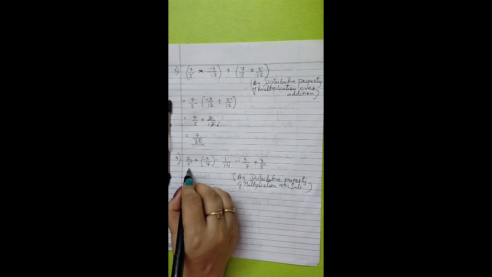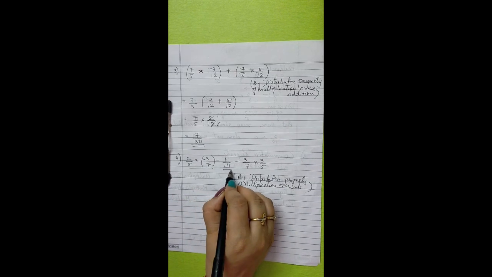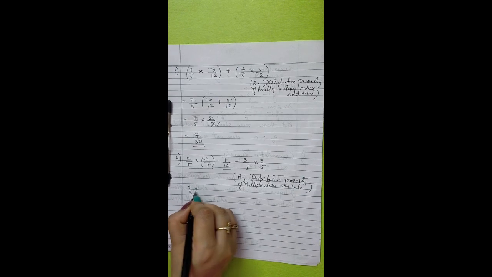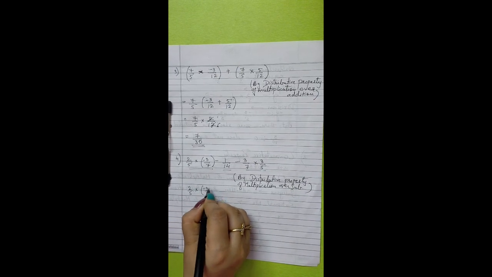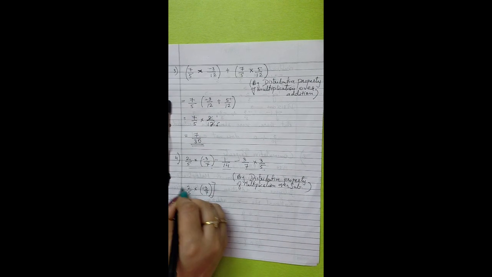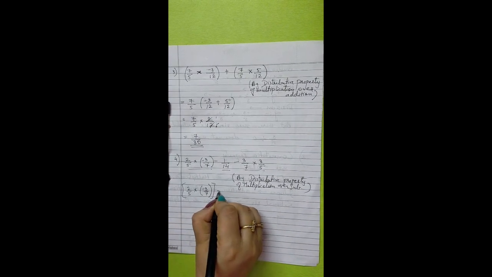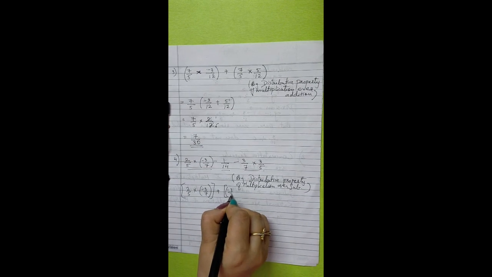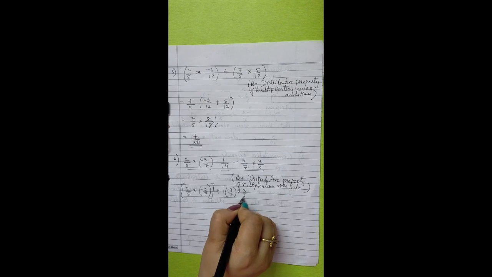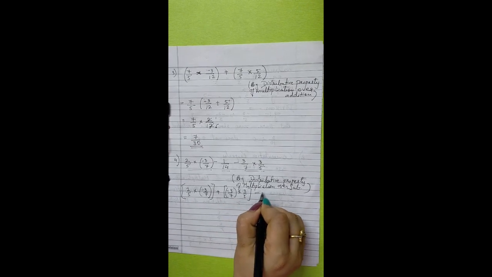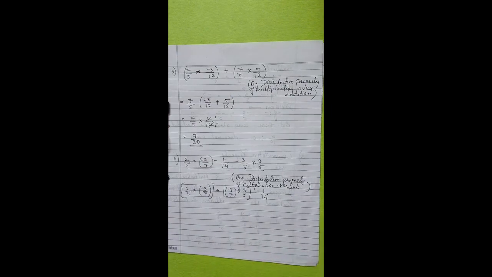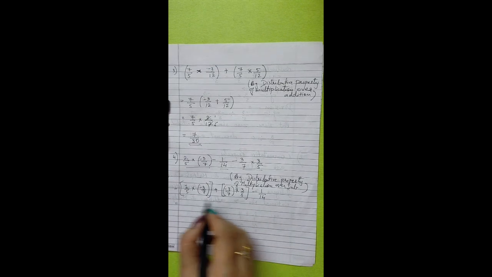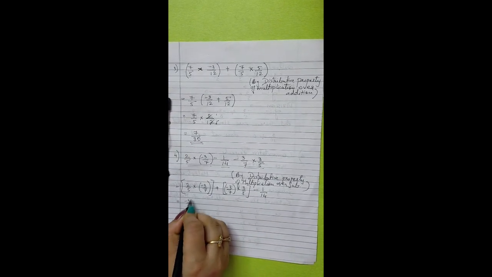So we will be taking this in three groups. One is this group, one is this, and one is this. So this is 2 upon 5 multiplied by minus 3 by 7 in one bracket, plus minus 3 by 7 into 3 by 5 in another bracket, and minus 1 upon 14 we will be taking alone.